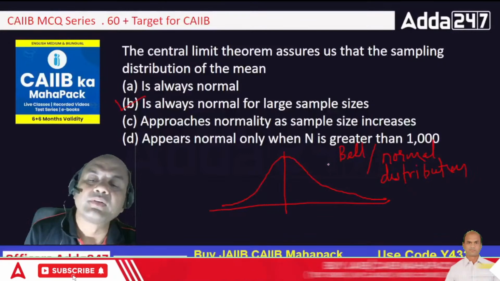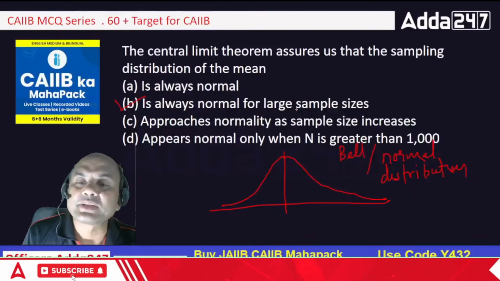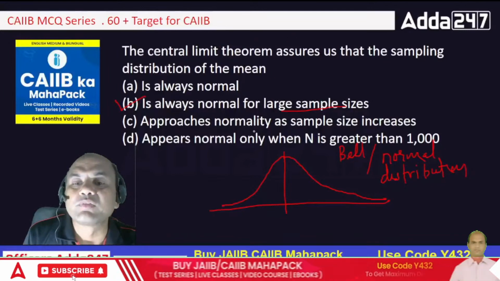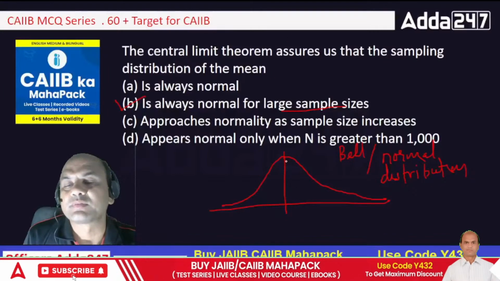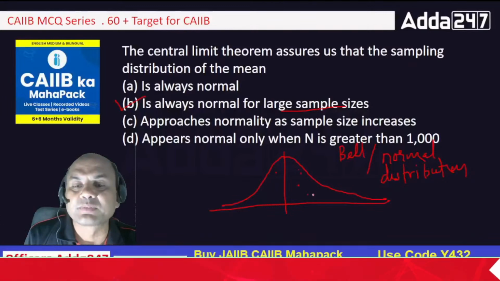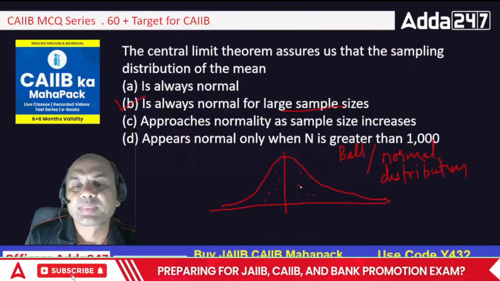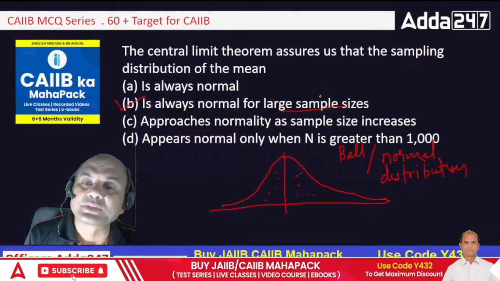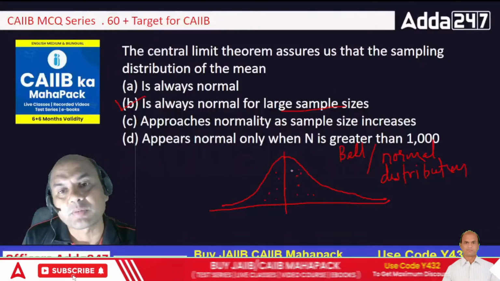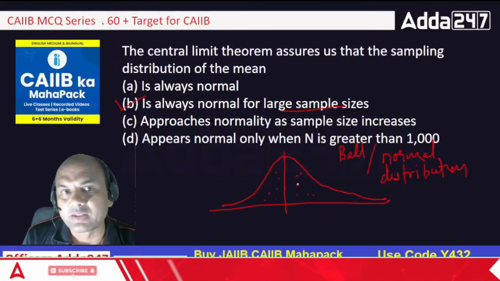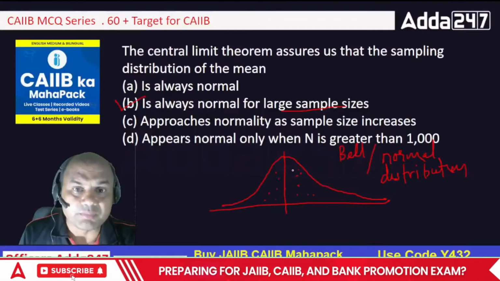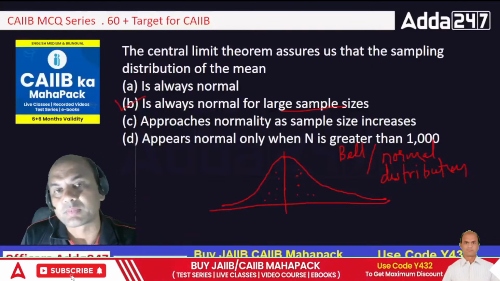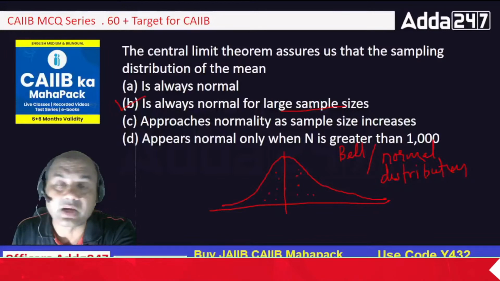It says that whenever your sample size is bigger, your sampling distribution will always have a normal distribution curve. Means your samples will always be distributed in this fashion, irrespective of the population distribution. The population distribution can be normal or it may not be, but the point is your sampling distribution will always be normal. Got it everyone? Very difficult ones.